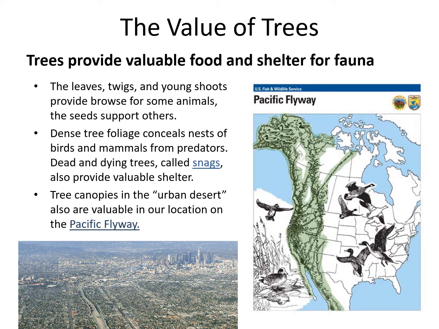We're a huge migration corridor from the northern regions down into Mexico. So having spots with trees that allow these birds to take a rest before they continue their migration is really important. And even dead and dying trees, which we would call snags in restoration, can provide some valuable shelter for birds.